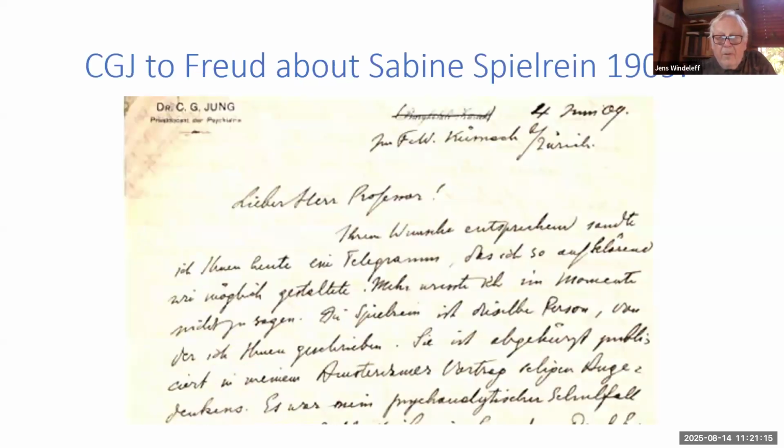Here you have Jung's letter to Freud about Sabina. They corresponded about her because Freud knew Sabina Spielrein. And here you see Jung's handwriting a little more impulsive, a little more disturbed.